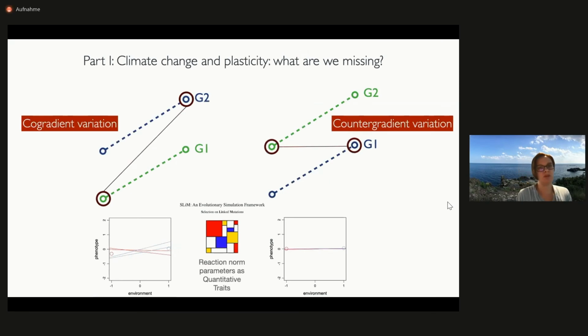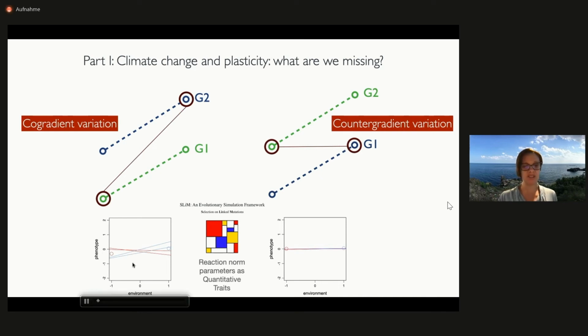So in terms of climate change and plasticity, what are we missing? This counter gradient and co-gradient variation could be an important source of non-random covariance between genetic and environmental effects on phenotypes, and they may also affect how a population responds to climate change.